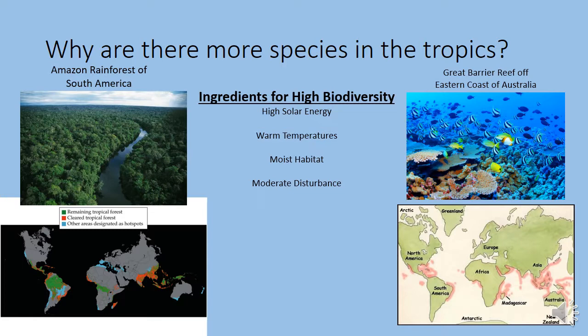That's important. They also have warm temperatures. It's always warm. So if you live here in the summertime, it's really hot, so you're going to sweat and that kind of stuff. And then in the winter, it's going to be really cold, so you're going to have to wear a coat. But in the tropics, it's just always warm. Never gets cold.